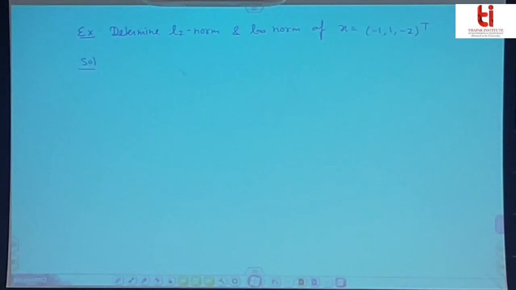So the L2 norm is norm of x 2 equal to the summation of xi square to the power 1 by 2, i equal to 1 to 3. That is, -1 square plus 1 square plus -2 square, to the power 1 by 2. It is square root of 6. Norm of x infinity equal to the maximum of mod of xi.